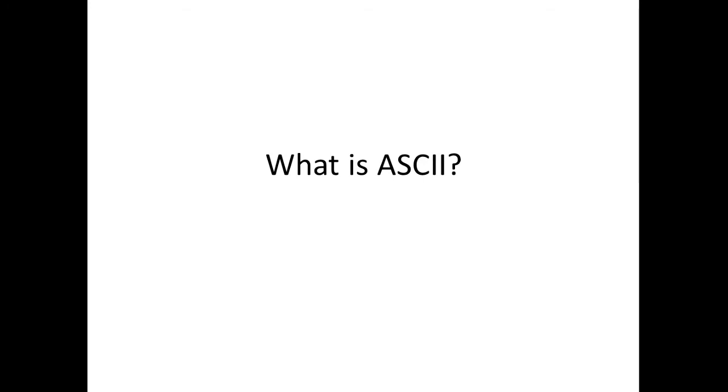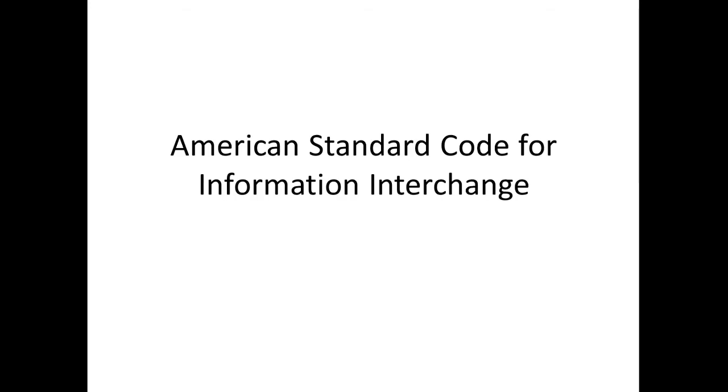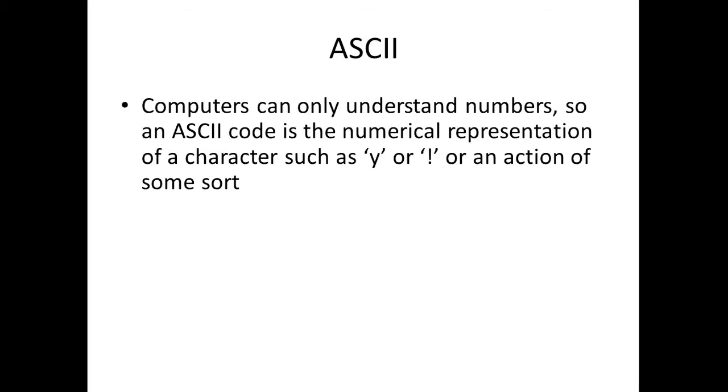So, what is ASCII? ASCII stands for American Standard Code for Information Interchange. To break down what ASCII is, computers can only understand numbers. So an ASCII code is the numerical representation of a character, such as Y or an exclamation point or an action of some sort.